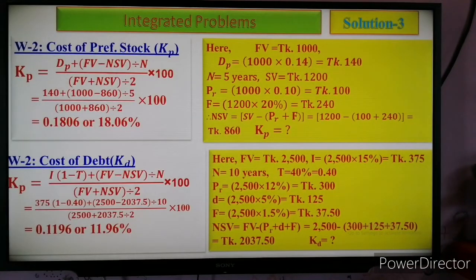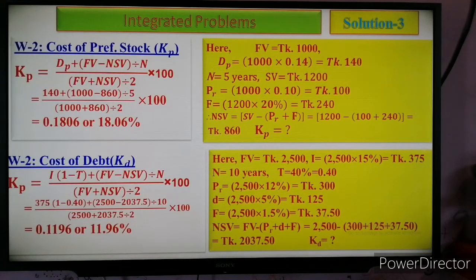Look, cost of preferred stock, we have a formula, we know it from our previous class, and we know what the alphabets mean. Here FB is taka 1000, DP taka 140, number of years 5 years, sales value 1200 is given in the question.